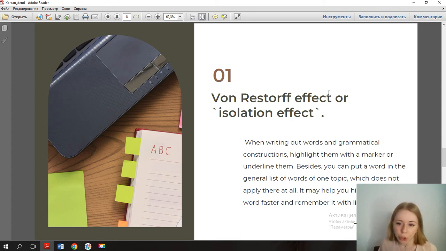It's not a language term, but I will remember it because it's outside this word list. So it will really help you highlight these words faster and remember them with little effort.